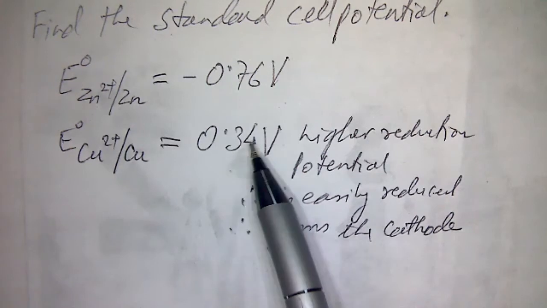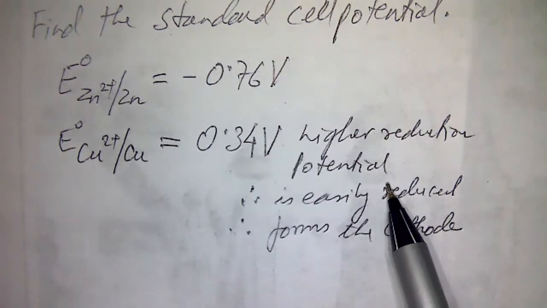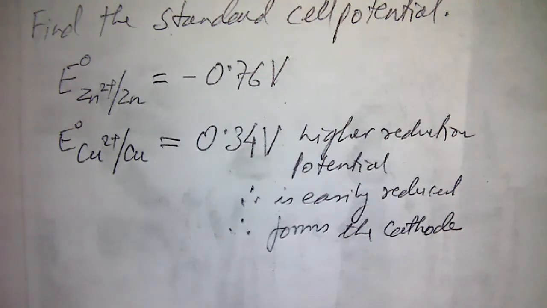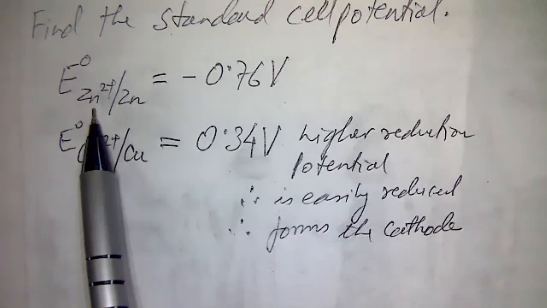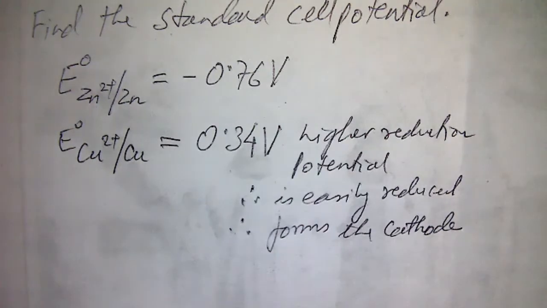So the higher value can easily be reduced. Whichever has higher reduction potential, just compare the value. Both are reduction potentials. Understood? So the higher value will always be reduced and the lower value will be oxidized. Understood?